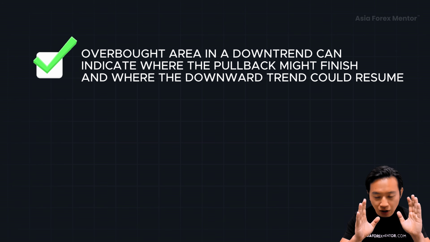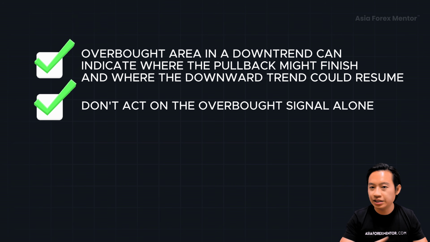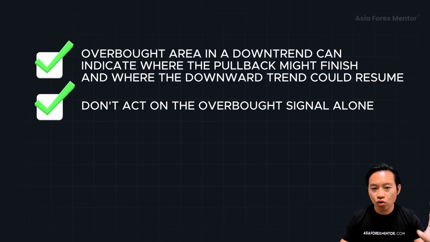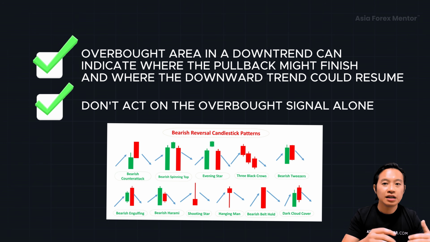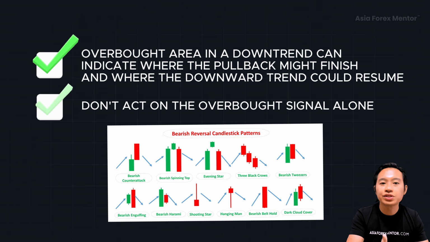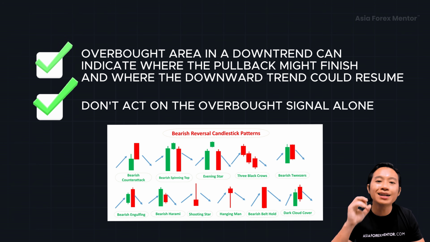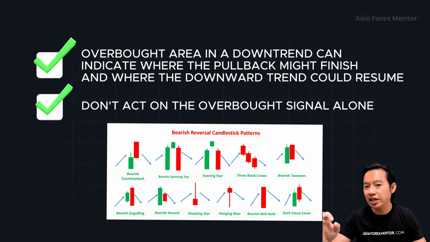So if you are going to trade this setup effectively, you don't act just based on the overbought signal. Instead, you look for an entry trigger, such as a bearish reversal candlestick pattern, or another confirming signal that further indicates that the pullback is ending and the downtrend is ready to continue.